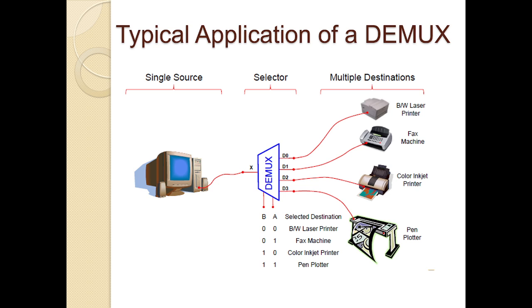So the demux is totally opposite to the multiplexer. The multiplexer does not multiply the value, it is a data selector. We already discussed that it selects the data based on the requirement. Based on the selection lines, the input is selected and reflected in the output.